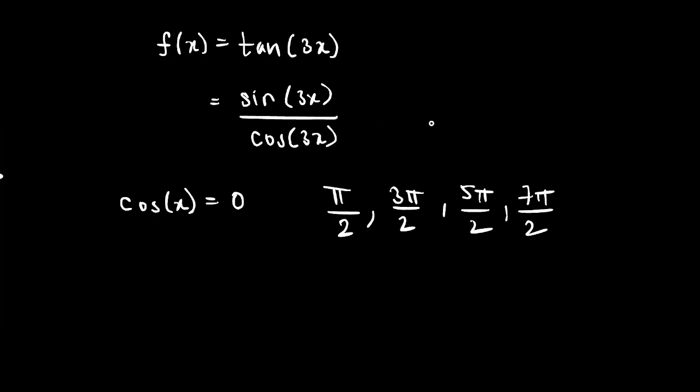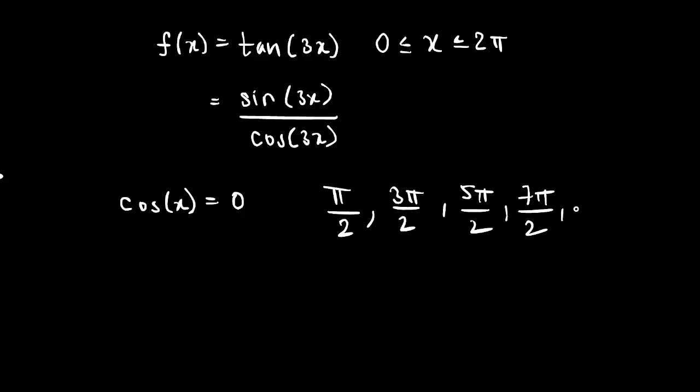One other thing I forgot to detail here is the fact that we're trying to find the discontinuities when x is between 0 and 2 pi. So when our x is in between the values of 0 and 2 pi is where we're trying to identify the discontinuities.